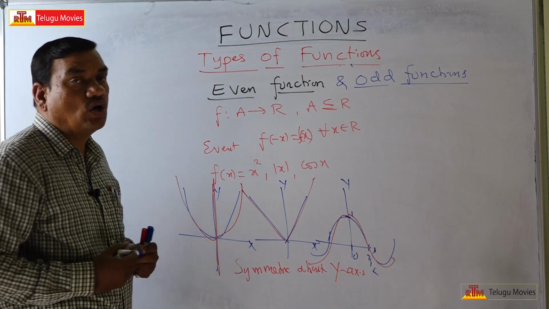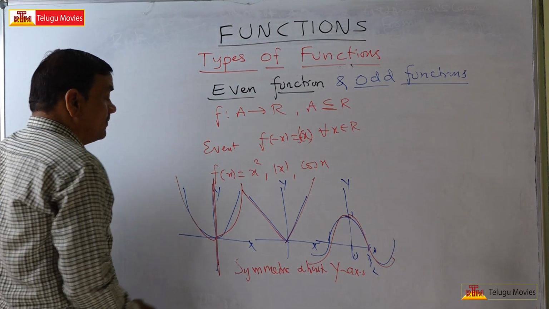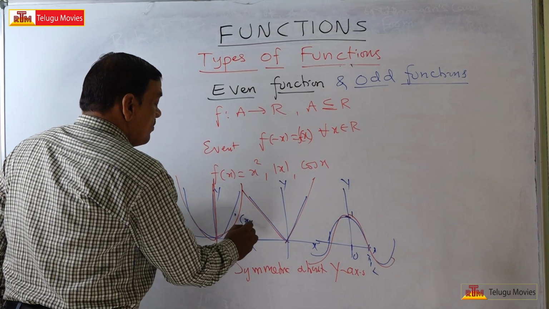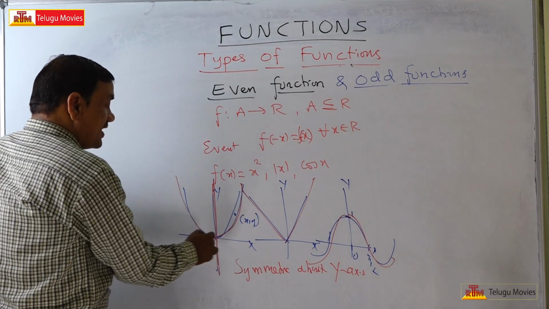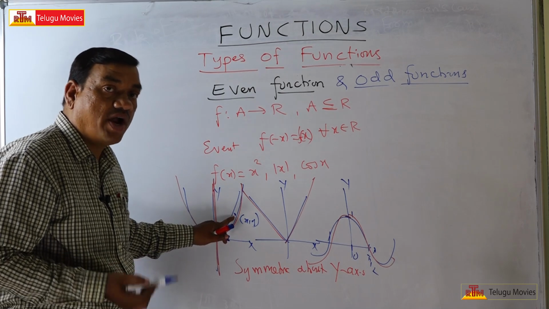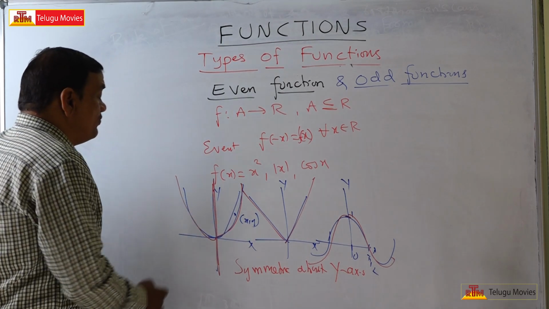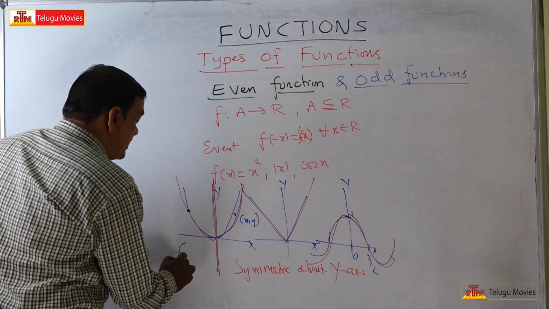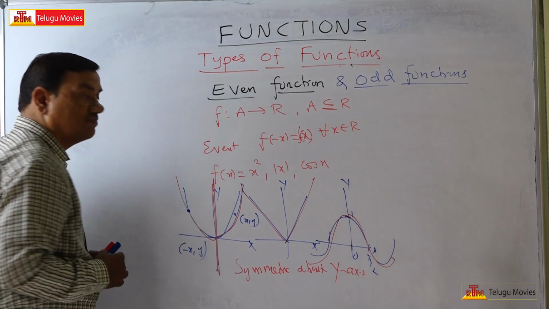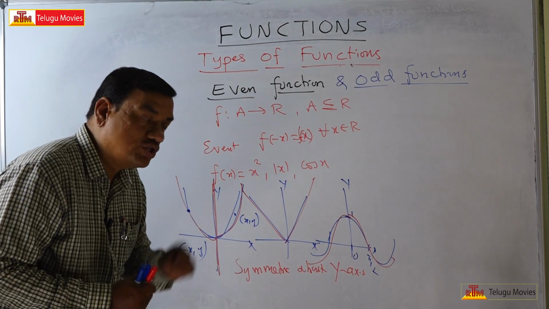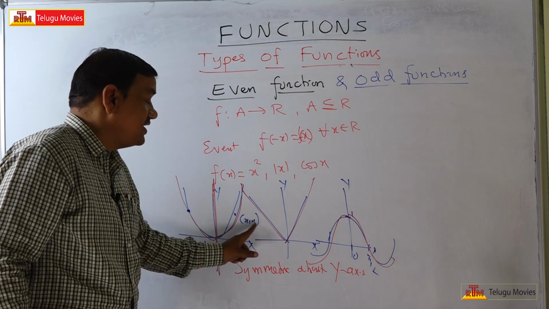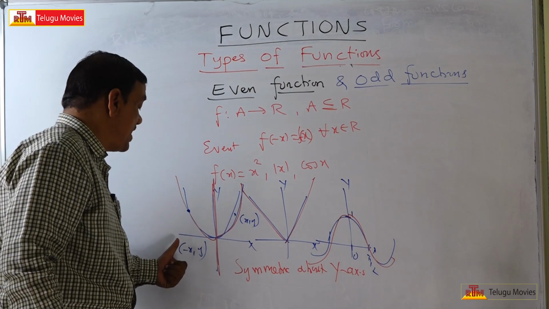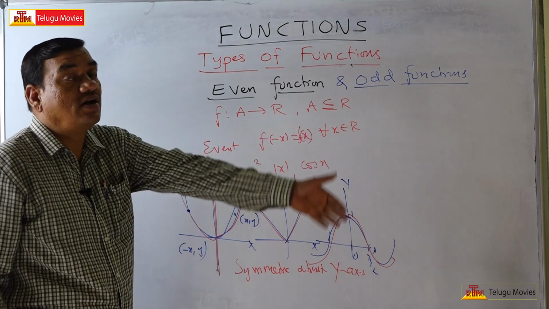And one more conclusion point you have to get is, if x comma y is a point on the graph of an even function, then immediately we can say that its opposite point minus x comma y is also a point on that graph.